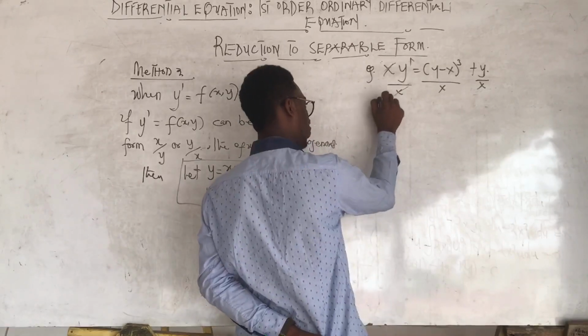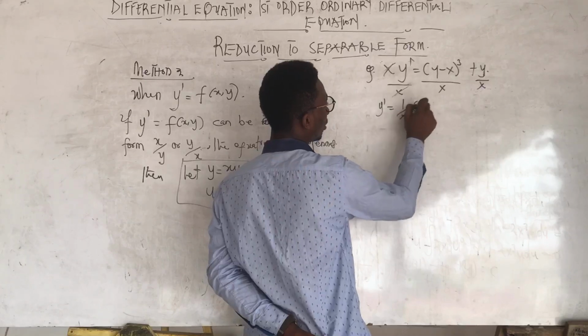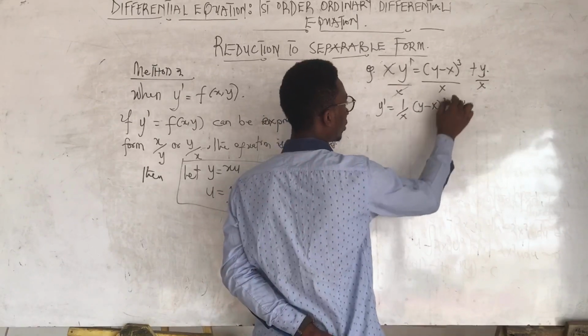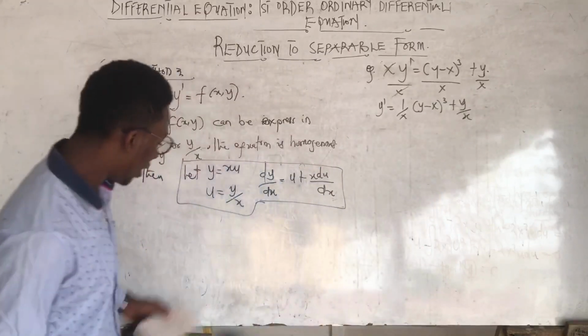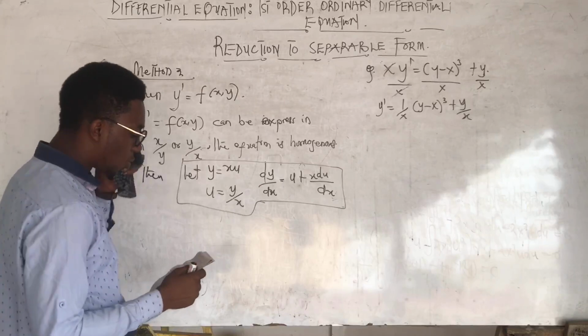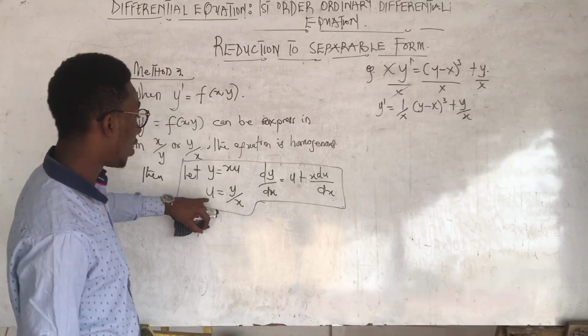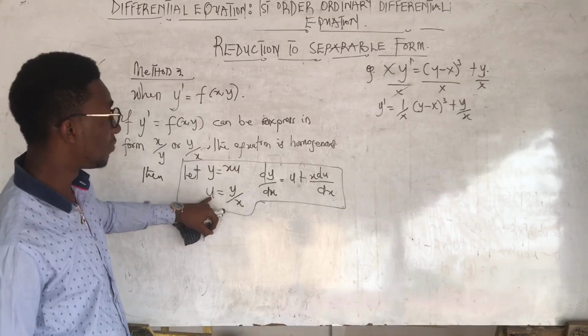So you get y prime, which is then equal to 1 on x multiplying (y minus x) all cubed, plus y on x. Now the moment you get the y on x in the equation, then you can represent the y on x by our u.